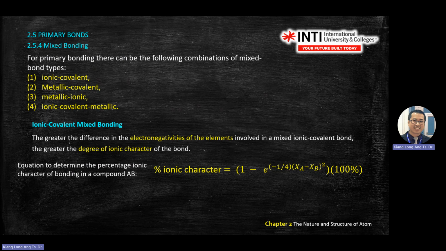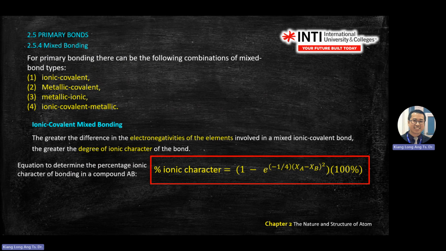Percentage of ionic character is given by 1 minus e to the power of minus 1/4 (XA minus XB) squared, multiplied by 100%. The higher the number, the more ionic behavior you have.